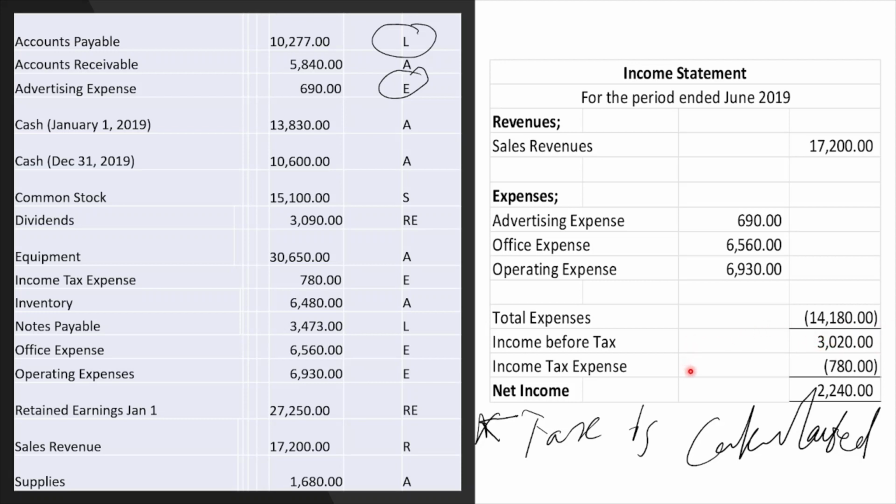Then there will be a tax rate that has been given by the IRS or by the government, depending on which country. And then that tax rate, you multiply by this difference in revenue and expenses, and that gives you your income tax expense. So normally you have to calculate it.